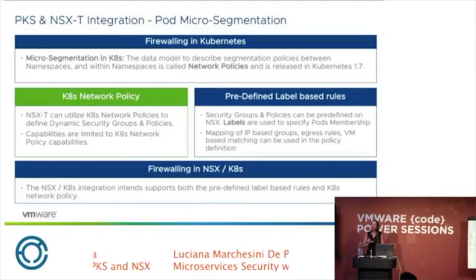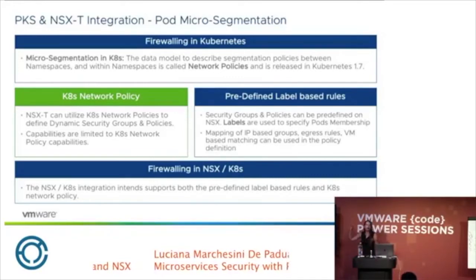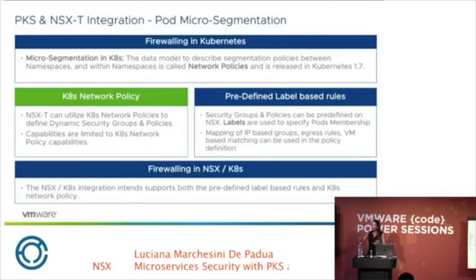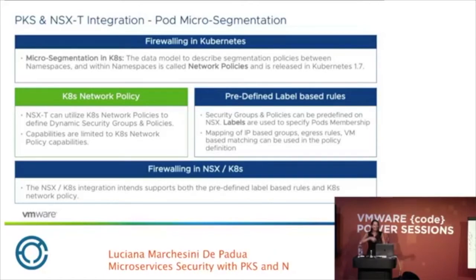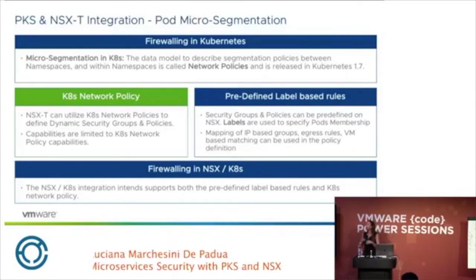And this is what I wanted to make sure that everybody understands: I have what we call the K8s network policies. That K8s network policy is what my developer is going to actually use and leverage. So they're creating a YAML file, they're basically labeling and pushing a policy that is going to show up dynamically in NSX. That is one policy, and that is something that they already used to do.